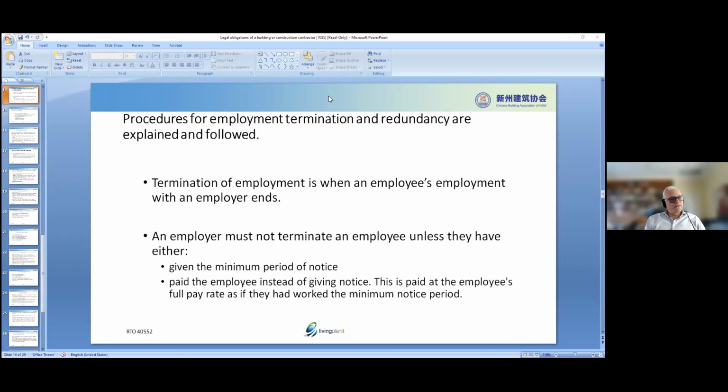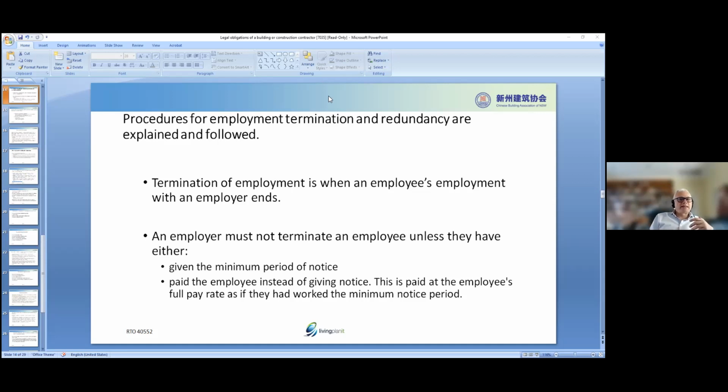And if the position is such that you've decided that you can't use this person anymore, there's not enough work anymore, instead of giving them their notice, which might be a minimum of two weeks, you can pay them instead.